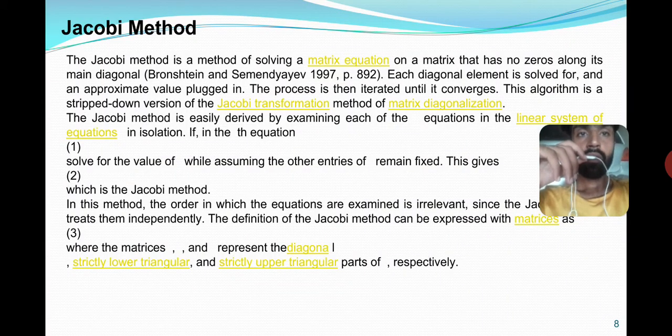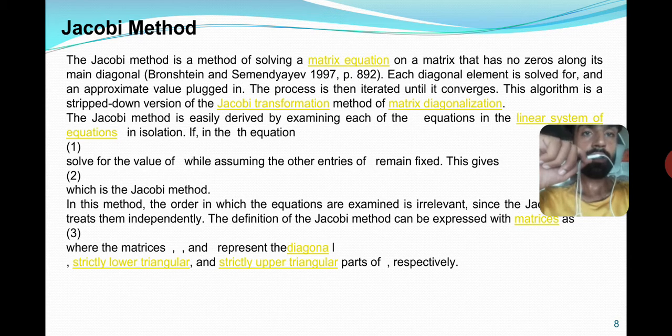Jacobi method. The Jacobi method is a method of solving a matrix equation on a matrix that has no zeros along its main diagonal. Each diagonal element is solved for, and an approximate value is plugged in. The process is iterated until convergence.